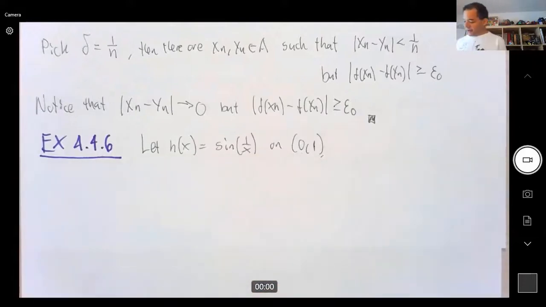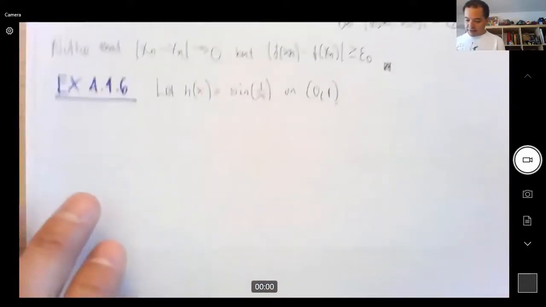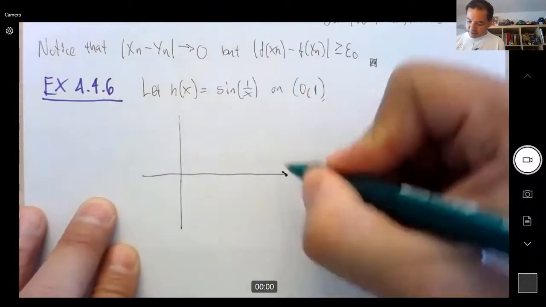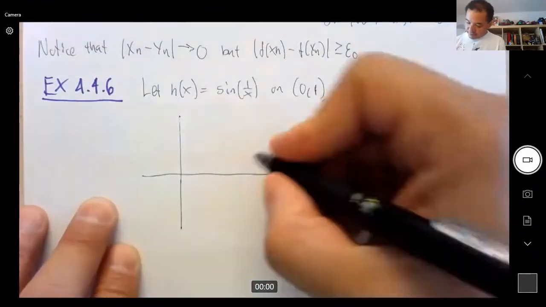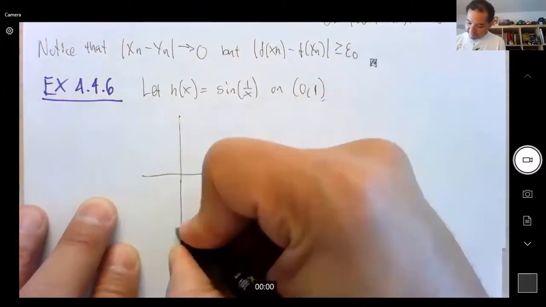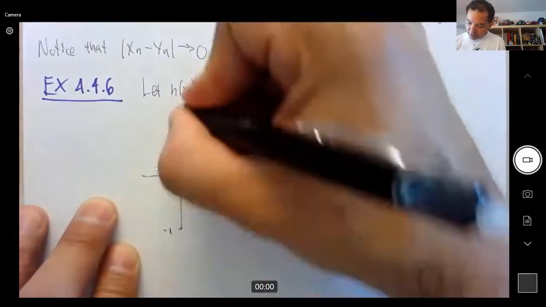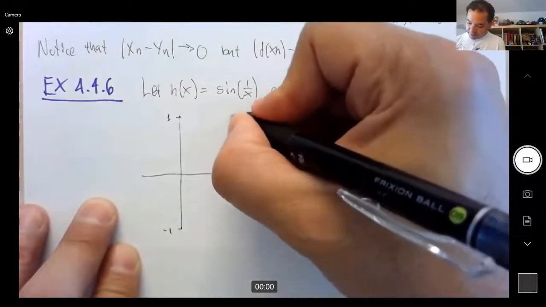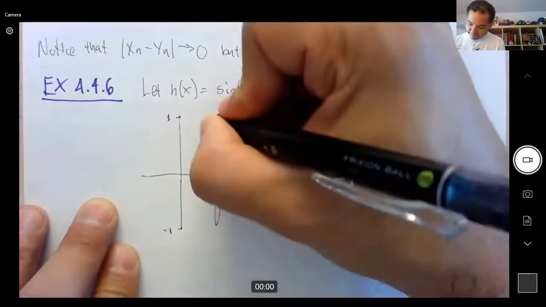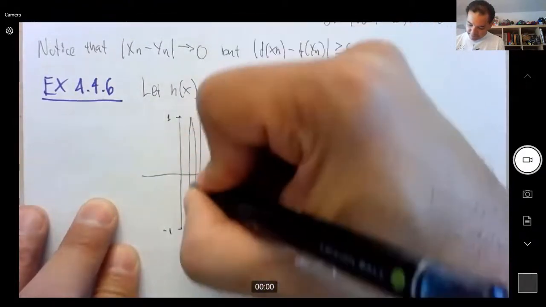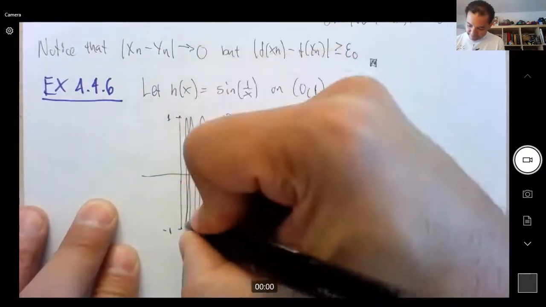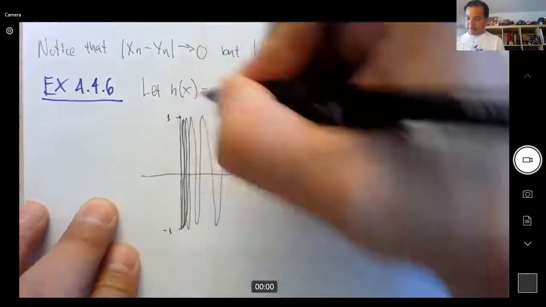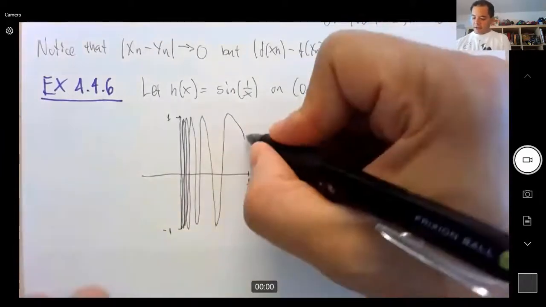So the graph of this function looks like crazy oscillation, right? Let's see if we can draw it here. From 0 to 1, it oscillates from -1 to 1. I don't exactly know where it starts, but it goes like this, and it gets crazy oscillation right close to 0.